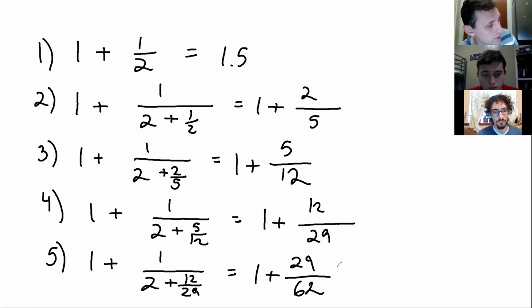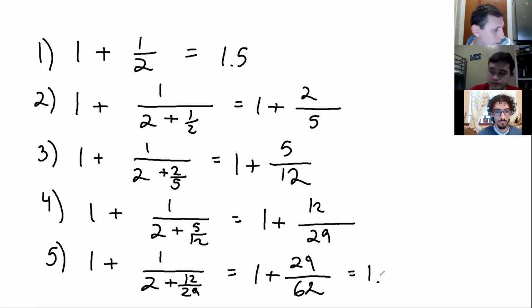Now let's see what this is. If you were to type it, it's 1 point. What's 29 divided by 62, guys? If you make it into decimal expansion. Look what I get.